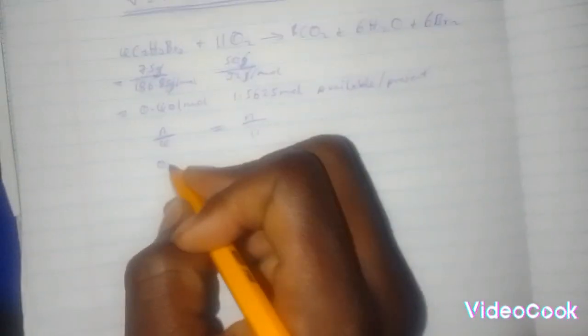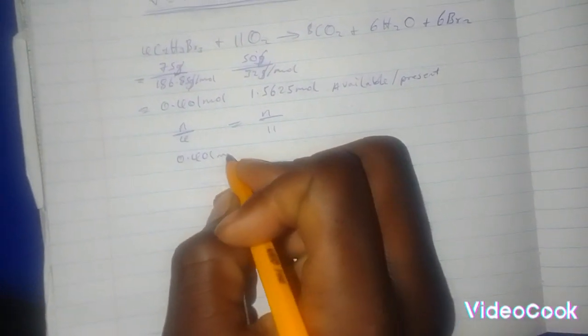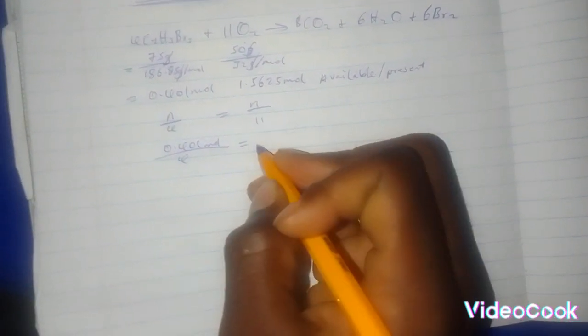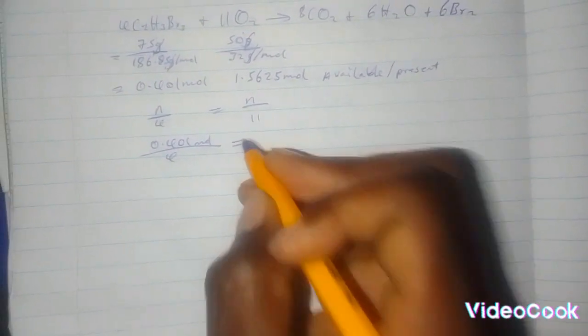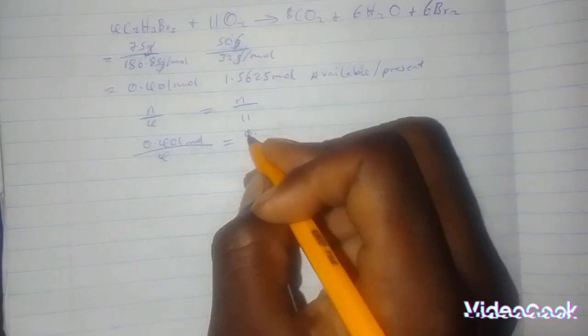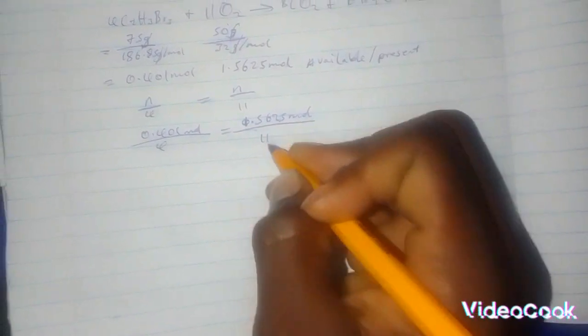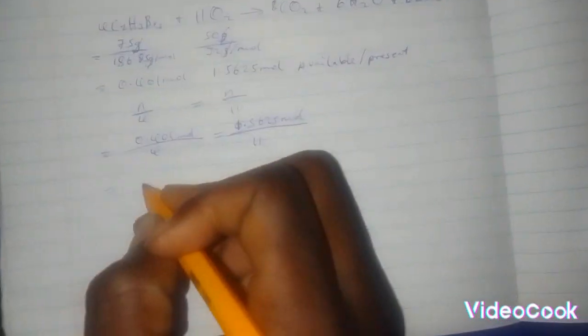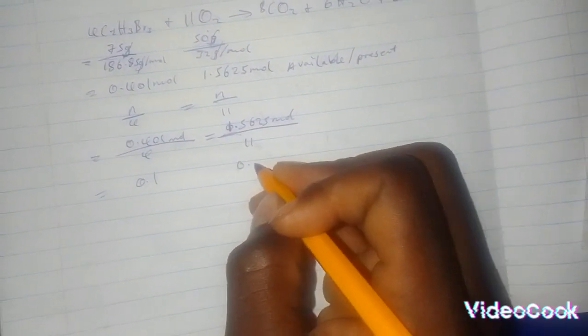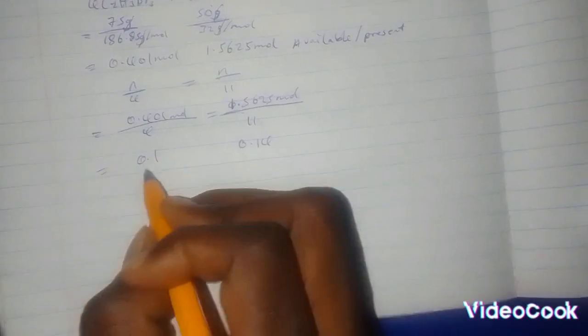So 0.401 mole over 4 must be equal to, we don't know whether it is equal or not, 1.5625 moles divided by 11. What are we getting? Here we are getting 0.1, and here we are getting 0.14.